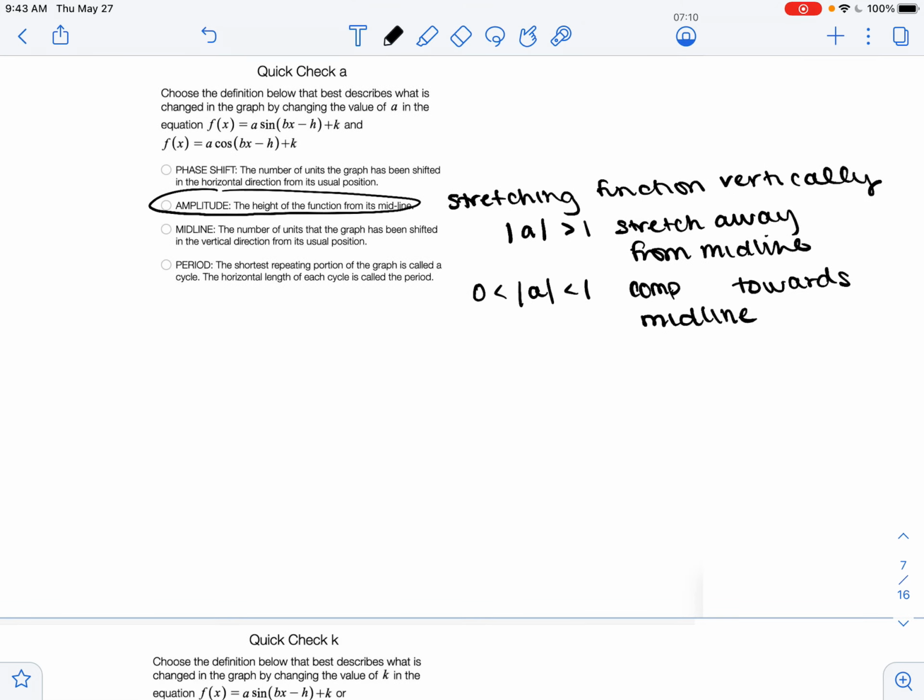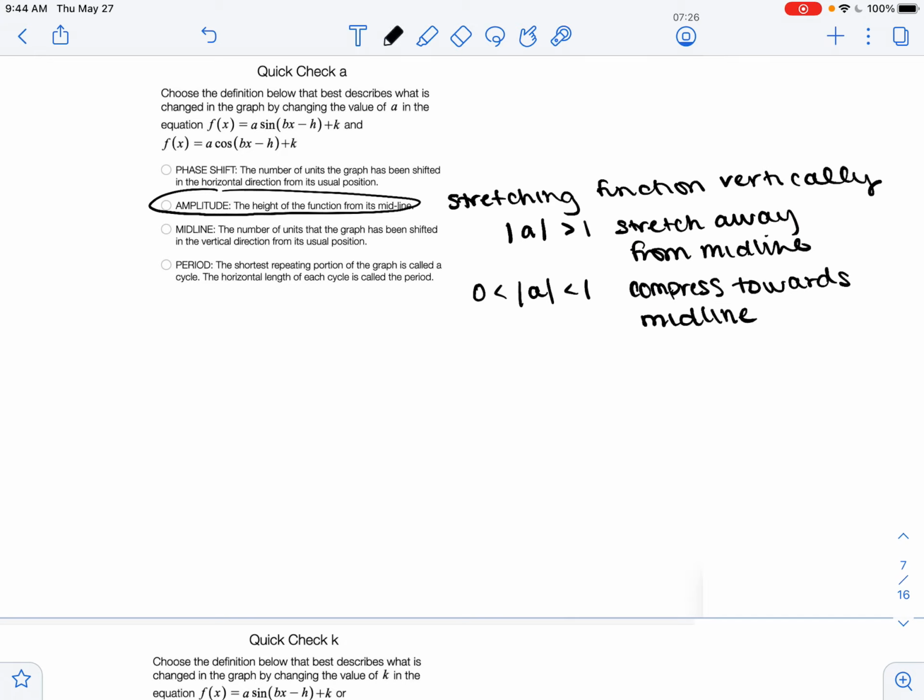I would encourage you to go back to slide 6 or 7, where you can play with the A values and confirm with yourself that these are actually happening.